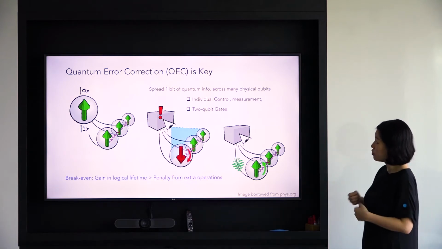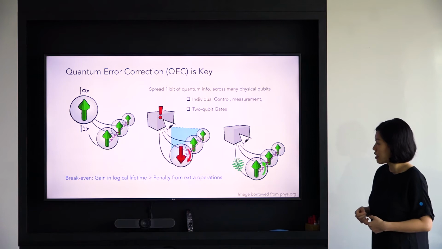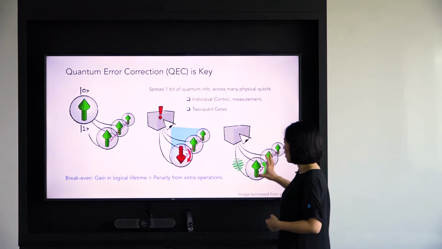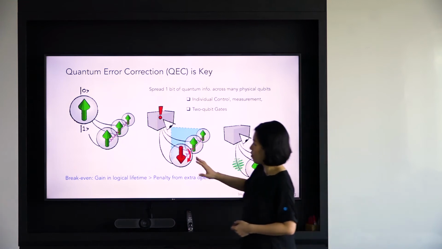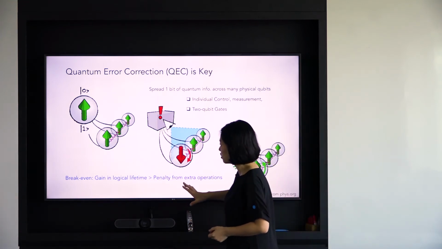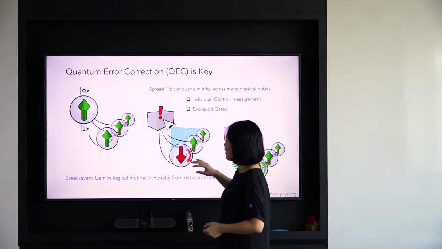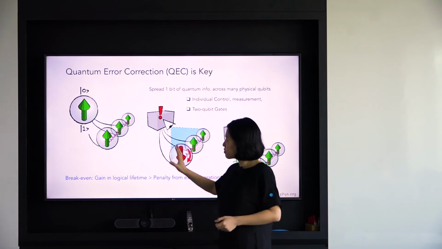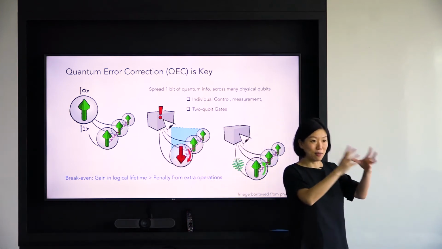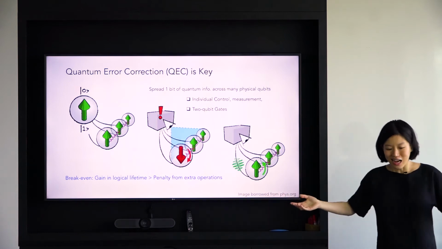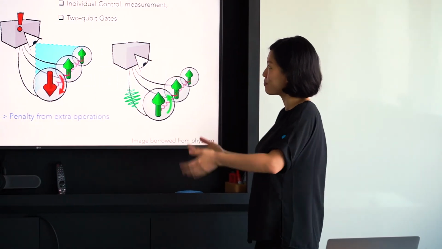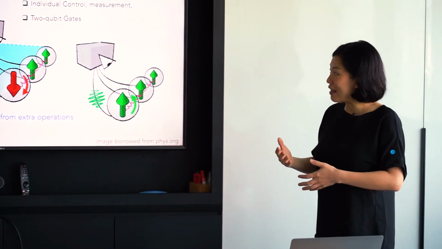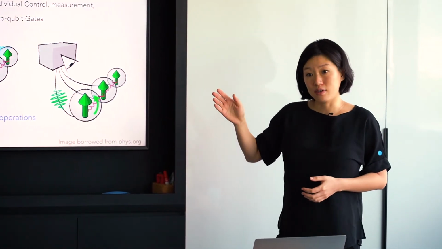A very useful concept to think about is when quantum error correction is actually useful. This is what we call the break-even point in the field. I'm doing all of these additional efforts: I added redundancy, instead of one thing, now I have many things. It doesn't sound good in the beginning because now you need more control, more measurements, more gates, so there's some overhead associated with it.